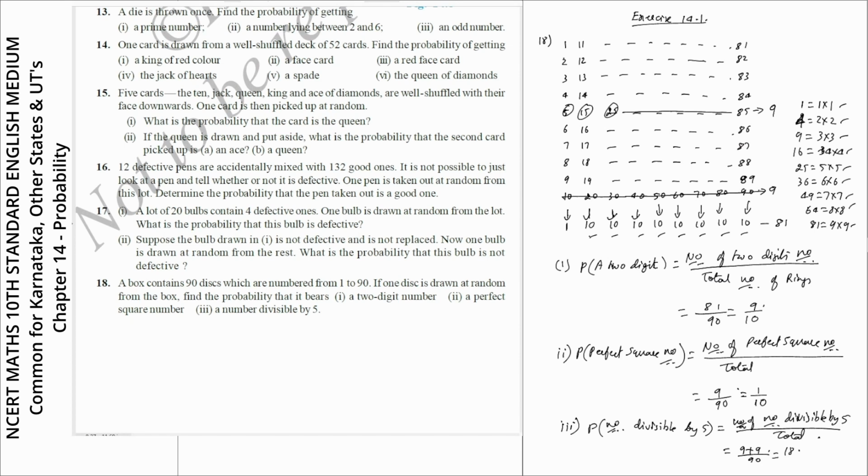So 18 by 90. Here 9 2s are 18, 9 10s are 90. Then 2 1s are 2, 2 5s are 10. 1 by 5 is the answer.